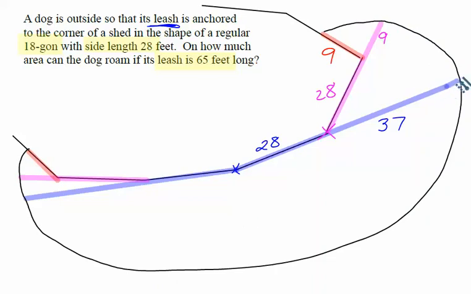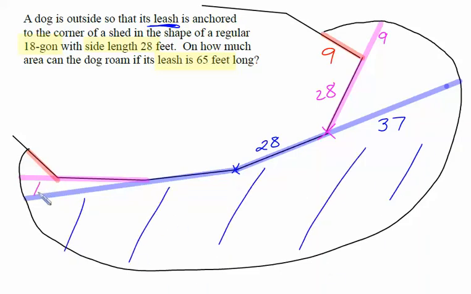We are going to have a variety of sectors formed as a result of this picture. One of the sectors is what's scribbled in blue right there. The other sectors are these two magenta ones, which this picture is not drawn particularly well, but those are congruent. And then the last item will be what I'm scribbling in red for the red sectors.